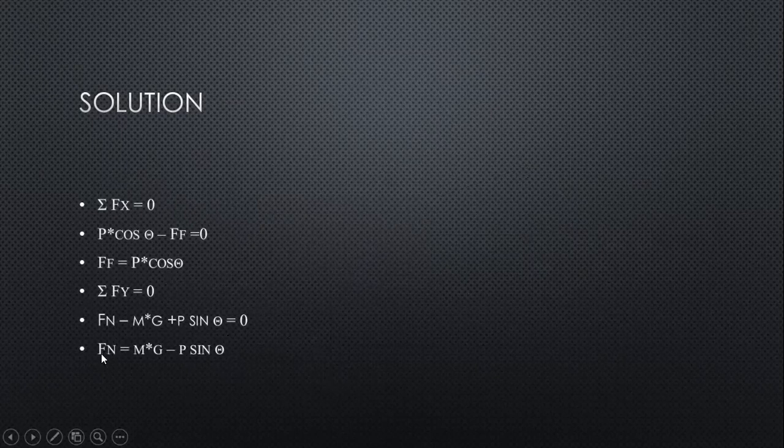Taking Fn to the left side, we find the normal force: Fn is equal to mg minus P sin theta. So these are the two equations, for the frictional force and the normal force.